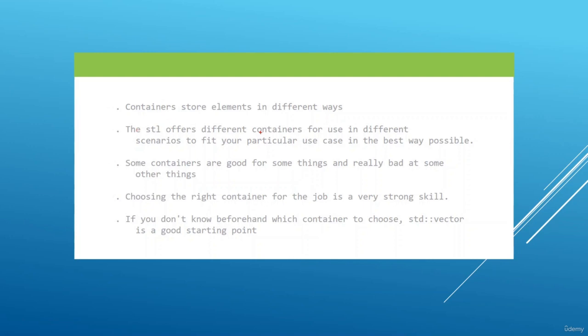So the STL offers different containers for different purposes, so you will have to do your research to know which kind of container is good for your use case. Some containers are good for some things and really bad for some other things, so you will have a chance to explore this. And it is a good skill to know which kind of container you're going to use for your purpose.